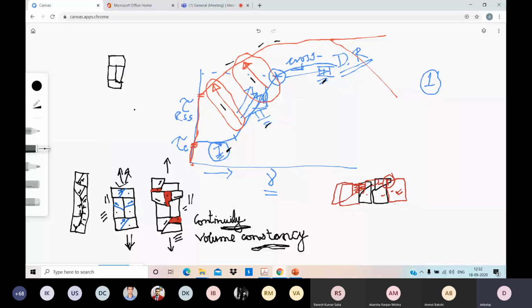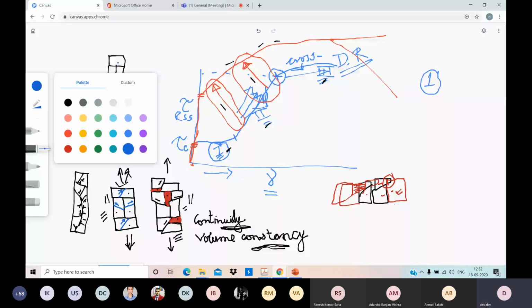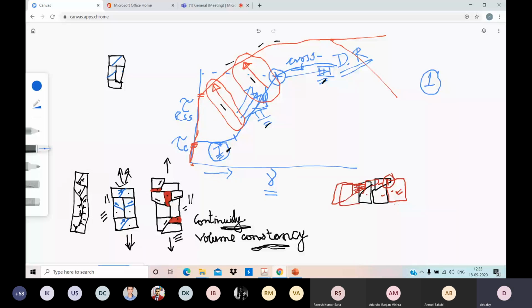It may happen that all of them have the same slip plane and slip direction. Suppose in all of these crystals, slip plane and slip direction is something like this.